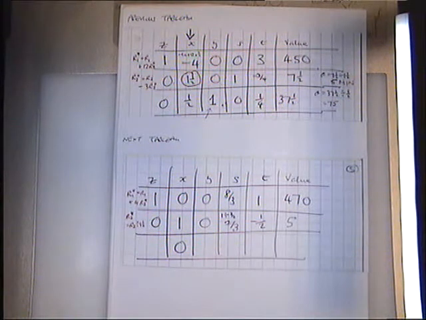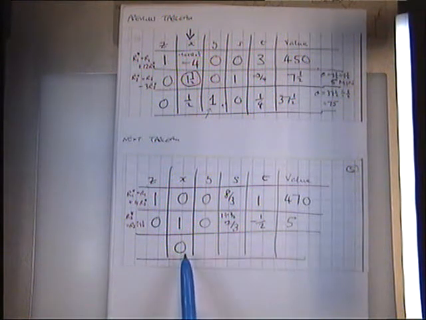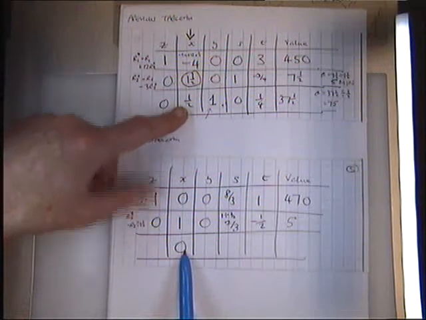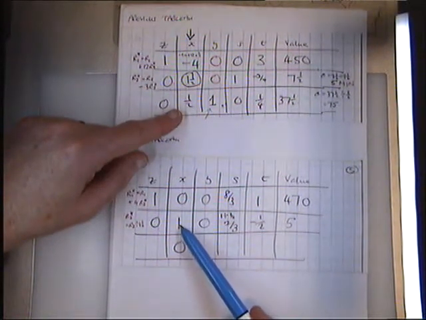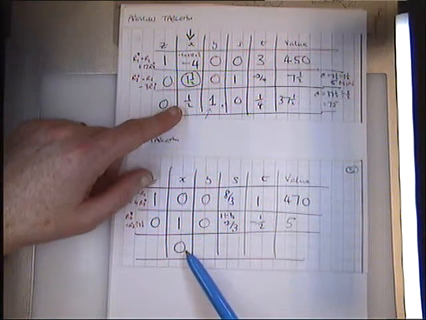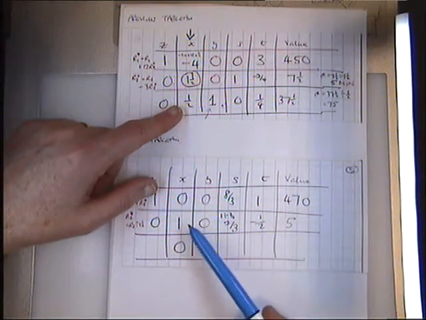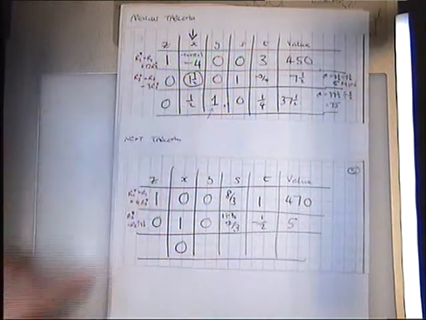None of it's negative, which may be interesting for later on. Now working down here, we need to say, okay, in this position there used to be a 1/2. How many of these do I need to add to a 1/2 to make it into 0? How many 1s do I need to add to a 1/2 to make it 0? -1/2.